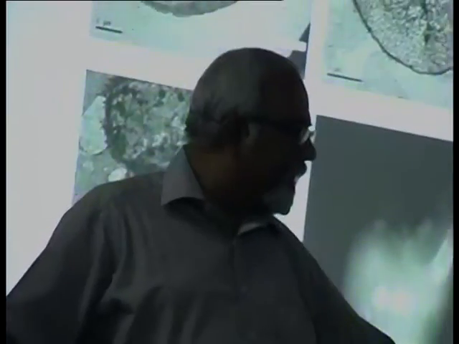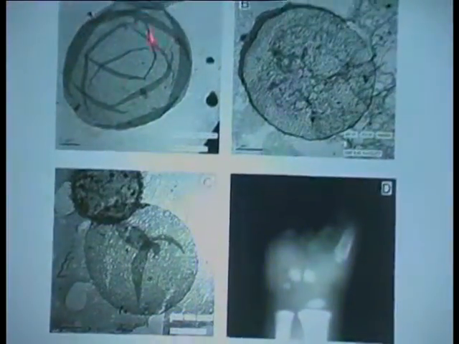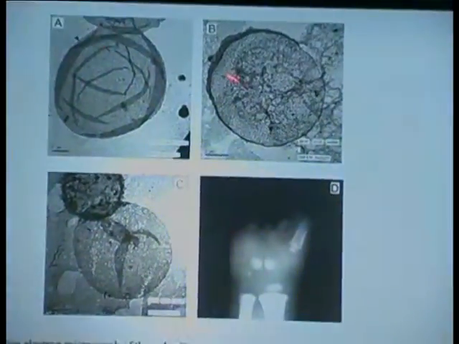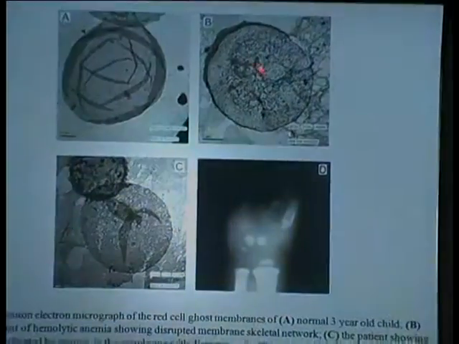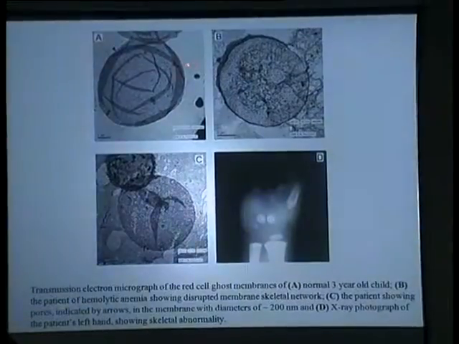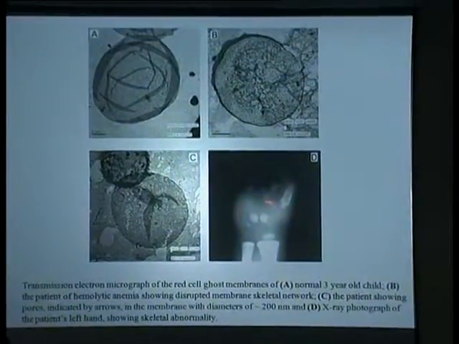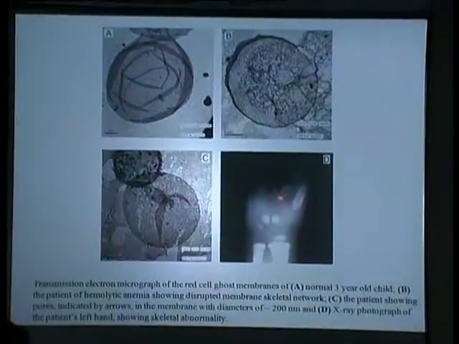Now, this is something that happens to be our work. This is a normal red blood cell membrane, and this is that poor fellow who was suffering from a very rare kind of hemolytic anemia. And very interesting, you see, this is his actual pump. He has some skeletal abnormalities.